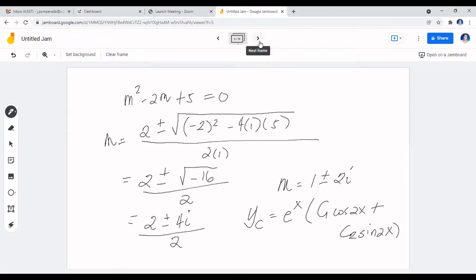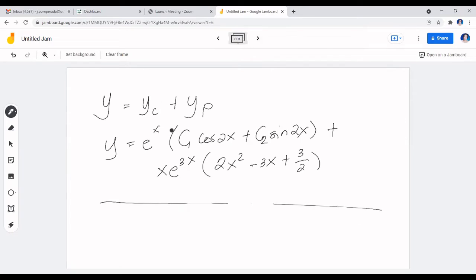Now, your complete solution will consist of the sum of the two: the complementary solution coming from the characteristic equation based on the left side of the original given DE, plus the particular solution based on the method of exponential shift.